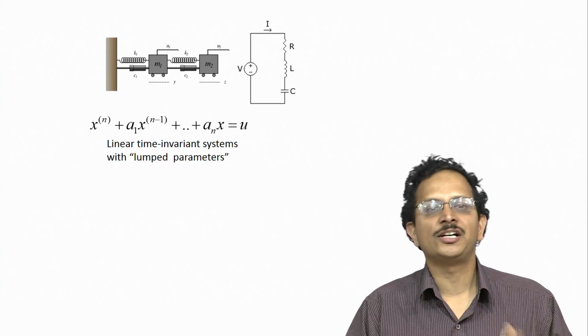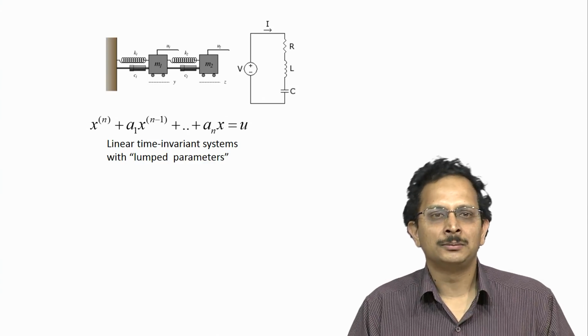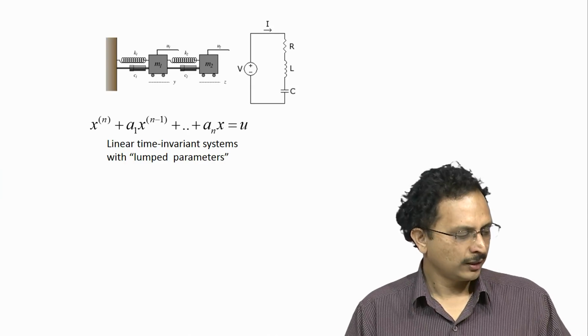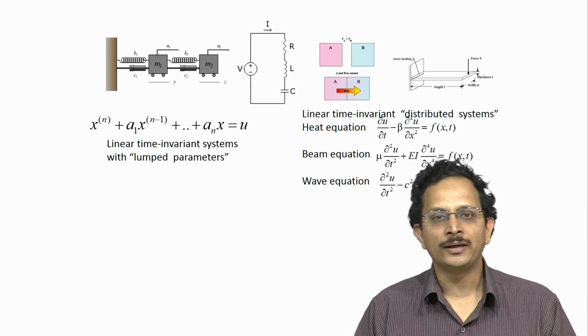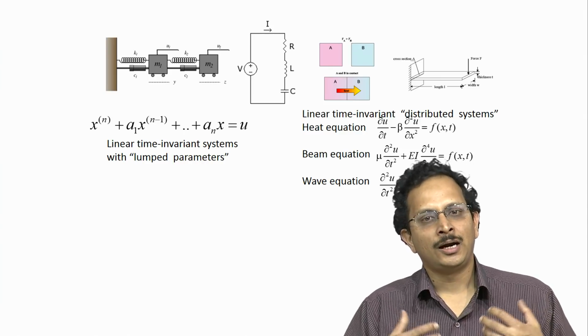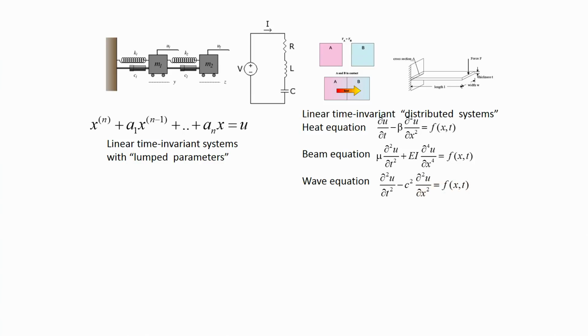One can also consider that the inertia and the stiffness are distributed over the entire volume of this object. In such a case, one has to employ distributed parameter systems which are essentially systems that are governed by partial differential equations. So, if we take the example of a thermal system, for instance this room, we would note that one corner of the room would probably be hotter than the other corner.